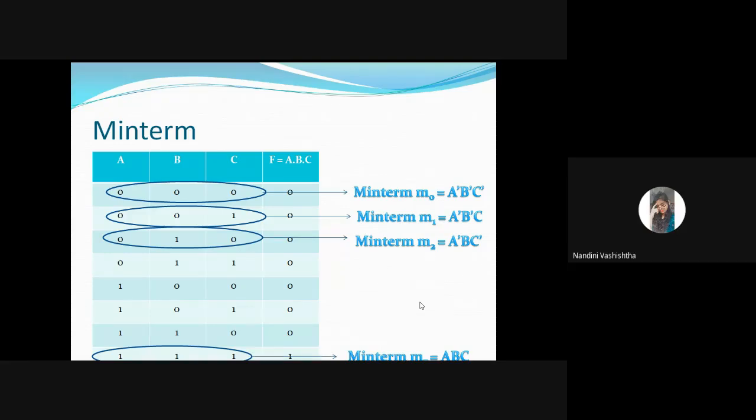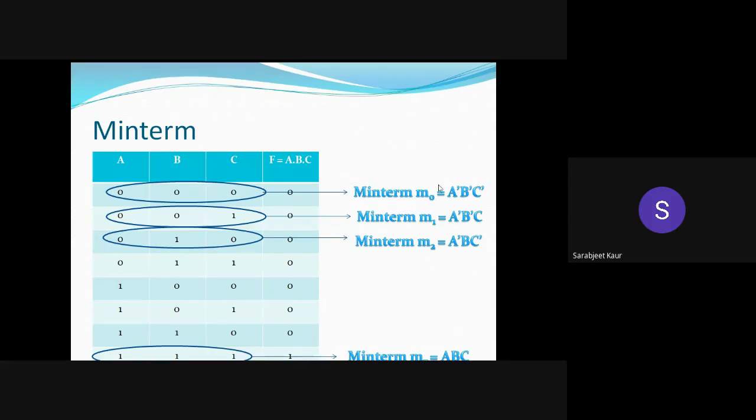Now the only restriction is that whenever I say that an AND term is a minterm, it must contain all three variables. Suppose the Boolean expression f is a three variable Boolean expression. Then my minterm should always contain all three variables.